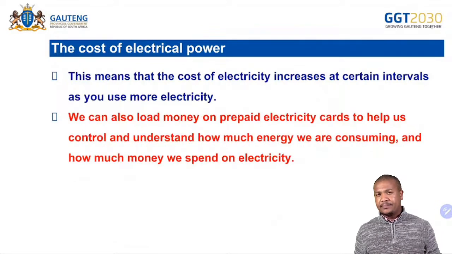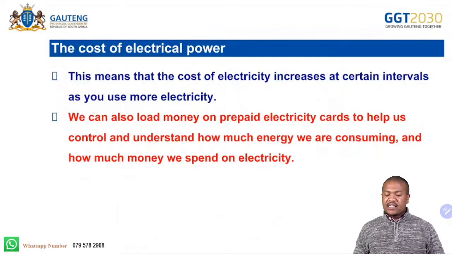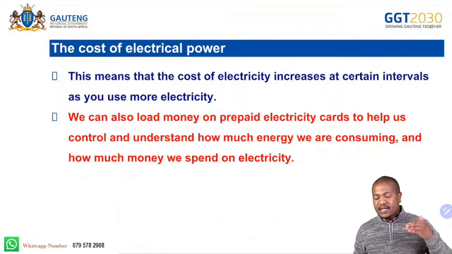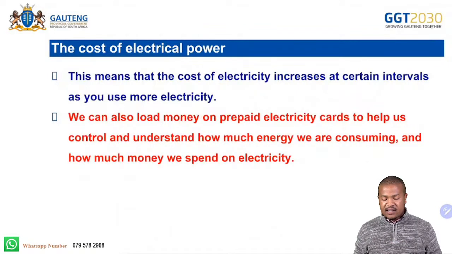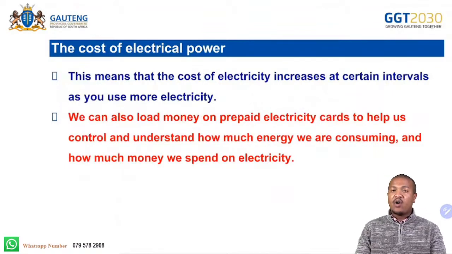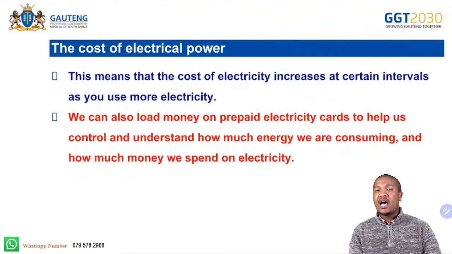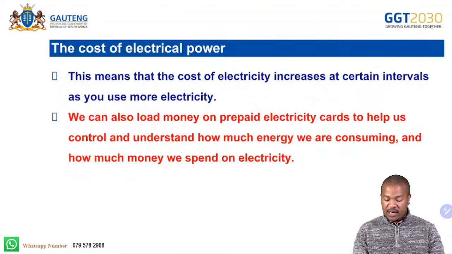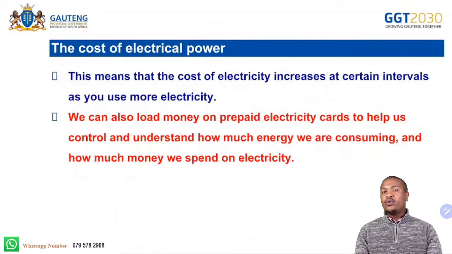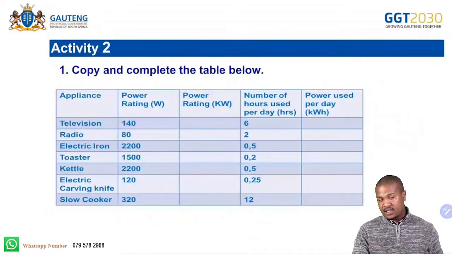So what does that mean? It means that the cost of electricity increases at certain intervals as you use more electricity. We can also load money on our prepaid electricity cards to help us control and understand how much energy we are consuming and how much money we need to spend on electricity.